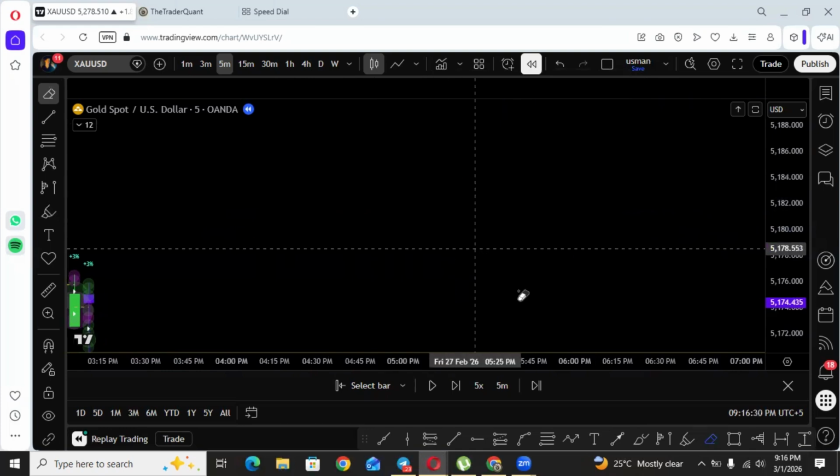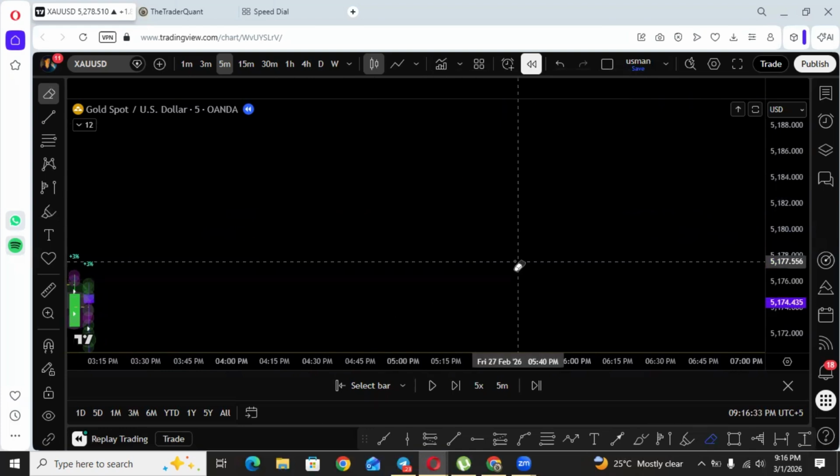If the participants are in few numbers, you can't expect a strong imbalance.